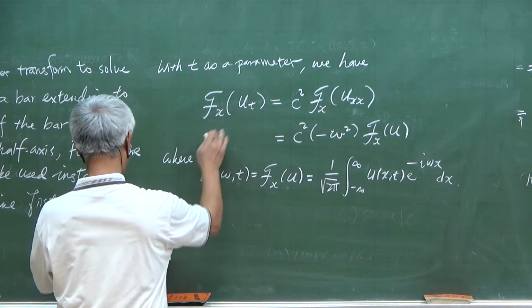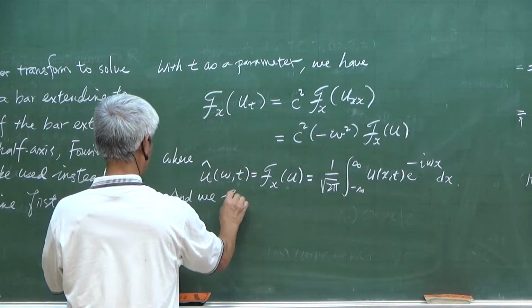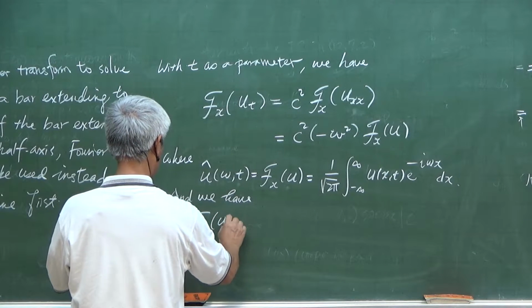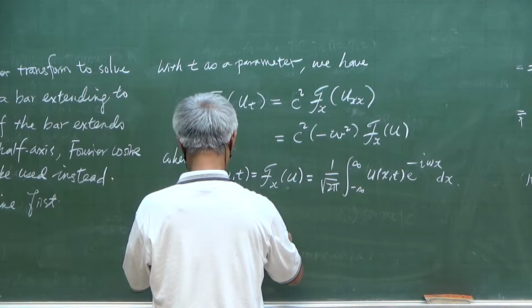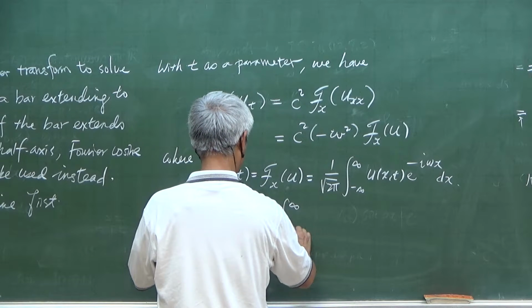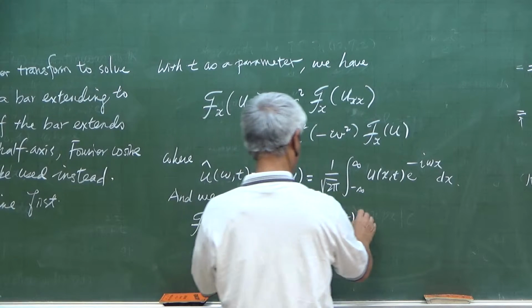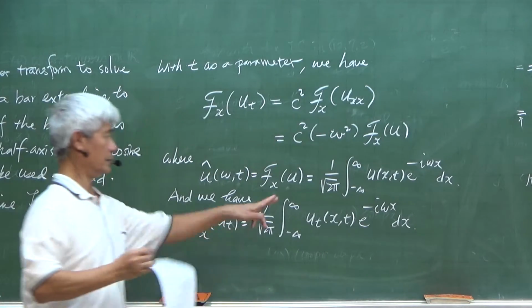Now we deal with the left-hand side. The Fourier transform of u_t is equal to 1 over square root of 2 pi, integral of u_t(x,t) e to the minus i omega x dx.